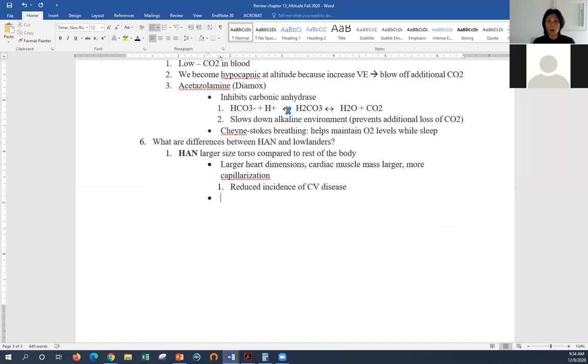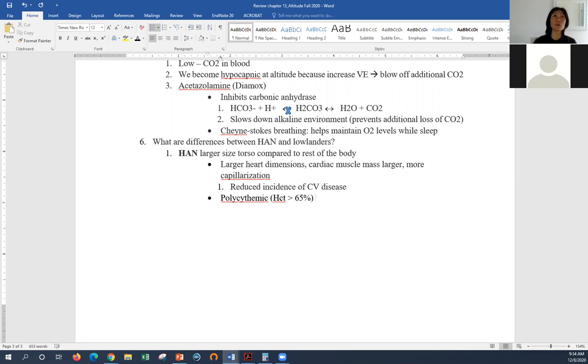They're also polycythemic. Remember, polycythemia is a hematocrit greater than 65%. Remember, what is our normal hematocrit levels? So it depends, female versus male.